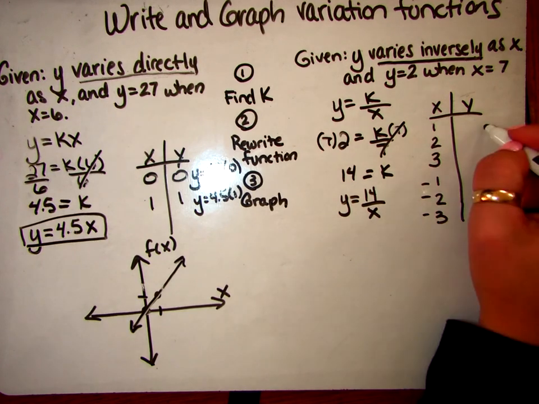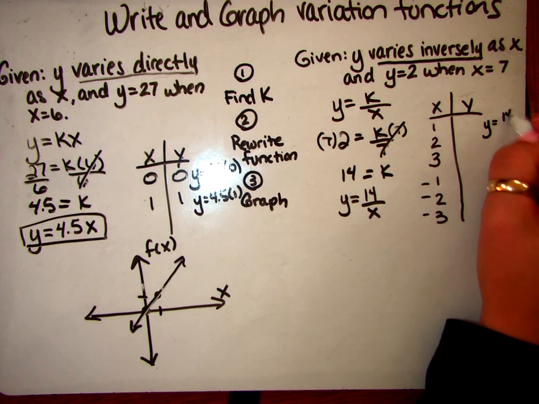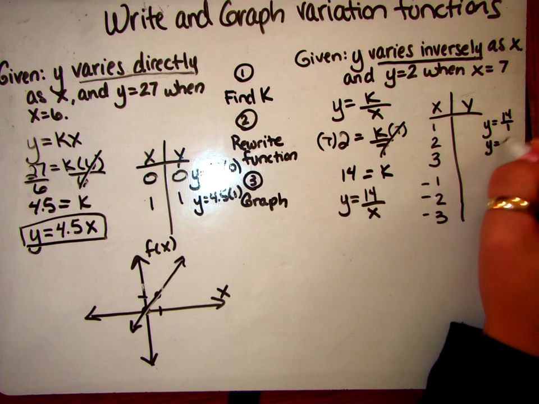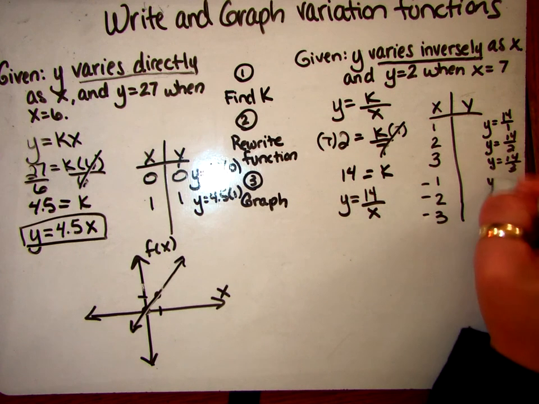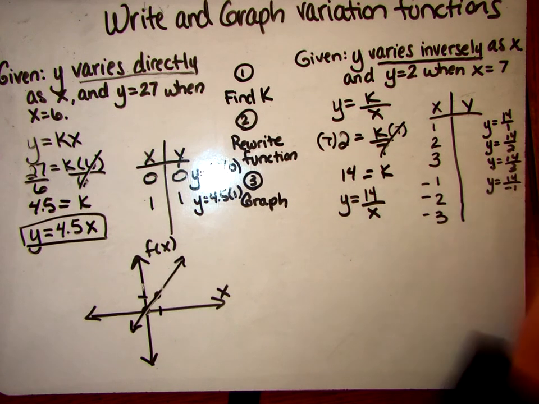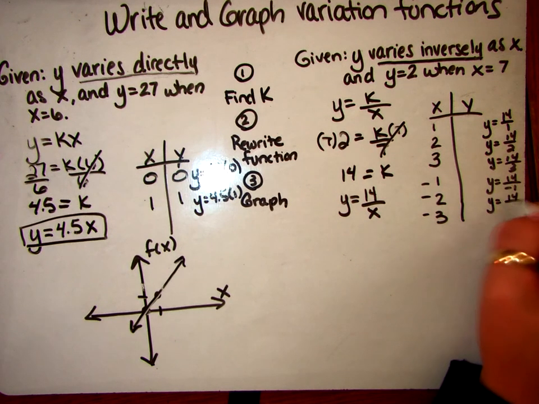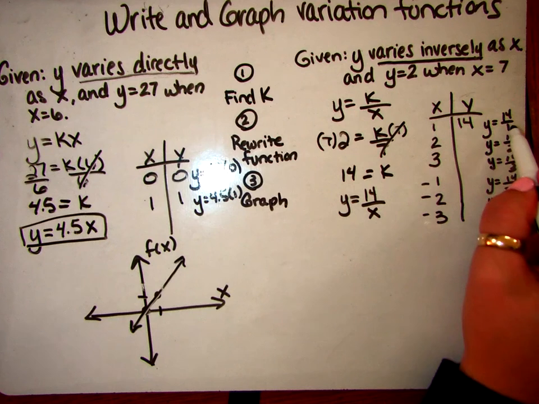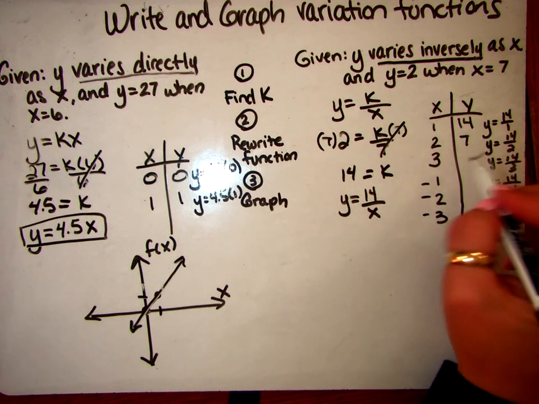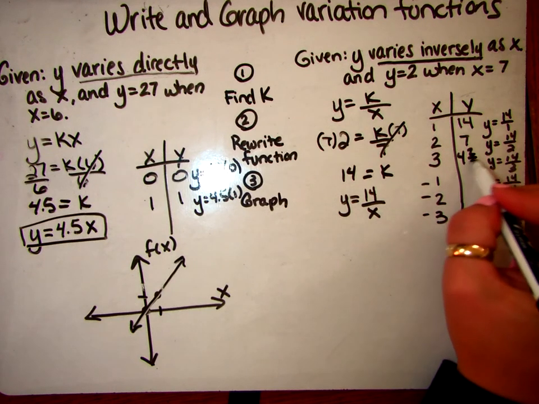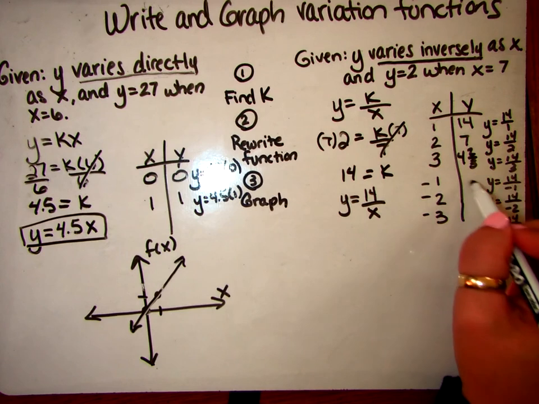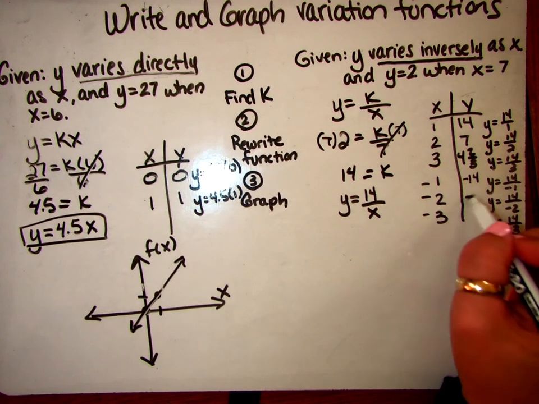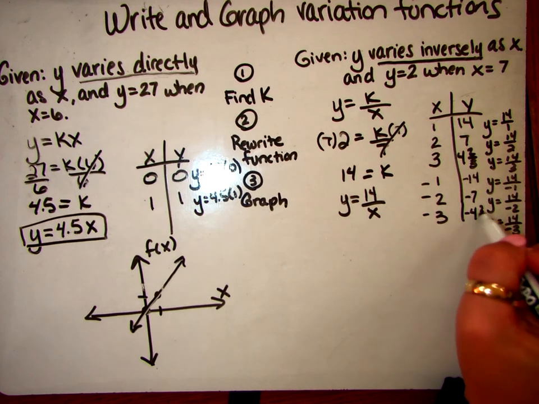Again, all you're doing is plugging it in: 14 divided by 1, 14 divided by 2, 14 divided by 3, and 14 divided by -1, -2, and -3. So 14 divided by 1 is 14, then 7, then 4 2/3. And 14 divided by -1 is -14, -7, -4 2/3.